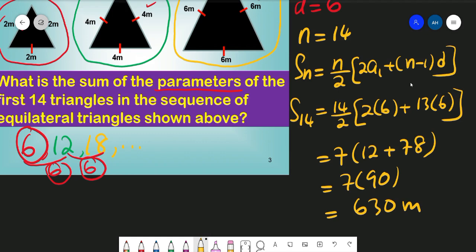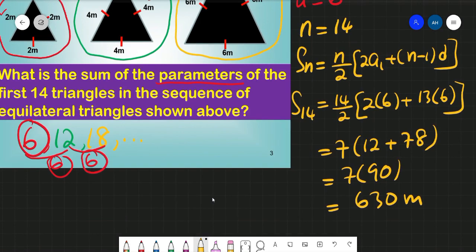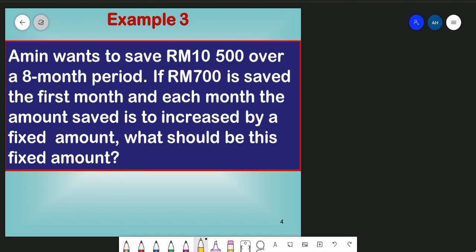So this is the total sum of the perimeters. We add all the perimeters of the triangles starting from triangle number 1 up to triangle number 14. The sum of the perimeters will be 630 meters.